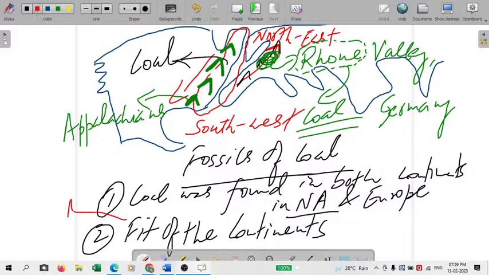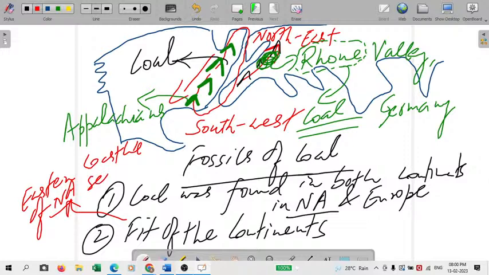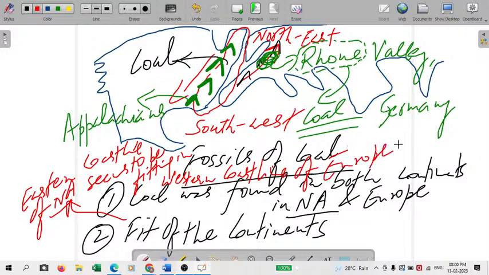मीन्स उन्होंने बोला कि ईस्टर्न कोस्ट लाइन ऑफ नॉर्थ अमेरिका seems to be fitting in western coastline of Europe. ठीक है ना?